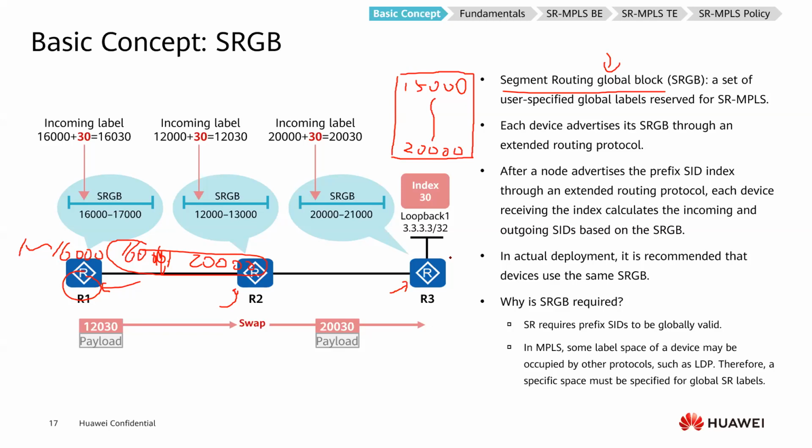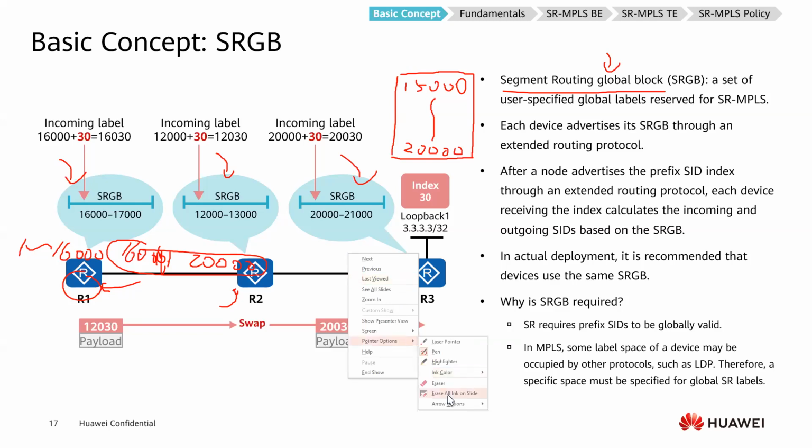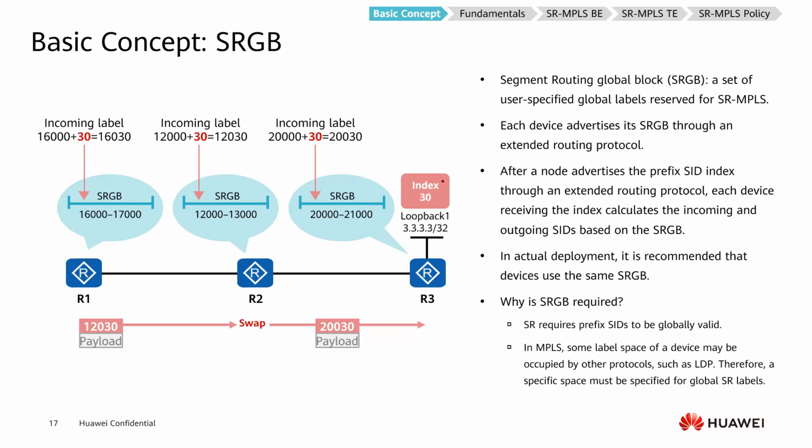And here brings us another problem. Maybe our label areas are different. What if, for R3, the node segment on R3 is 20,001, but at R2 and R1, there is no place for this label?